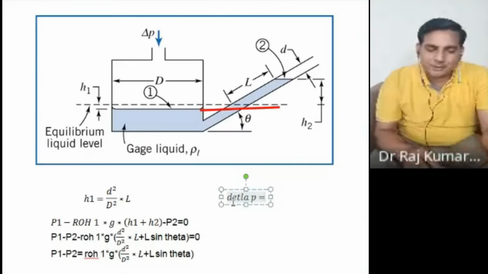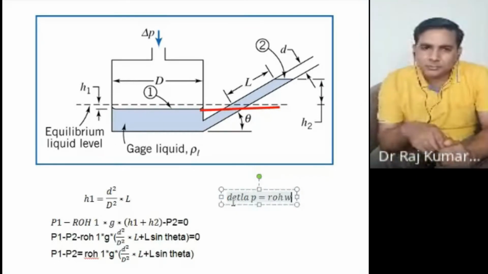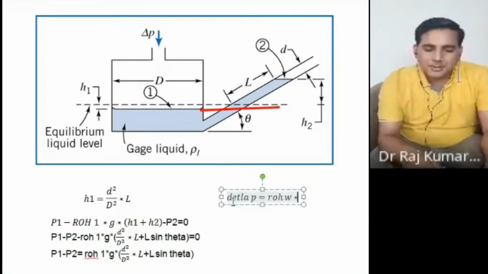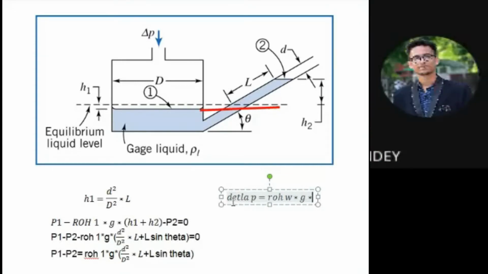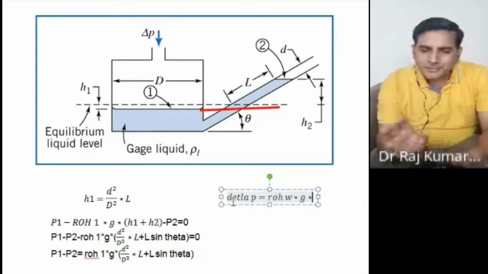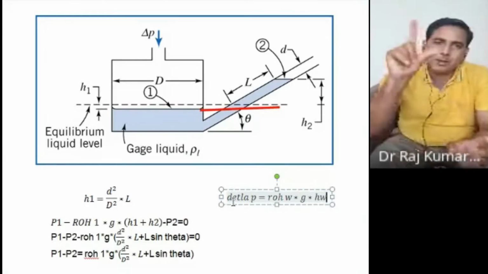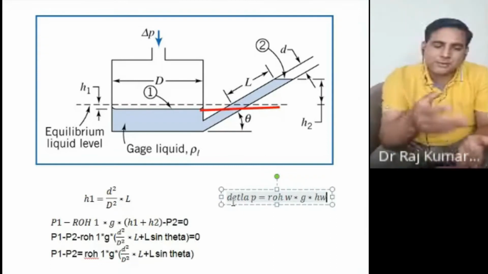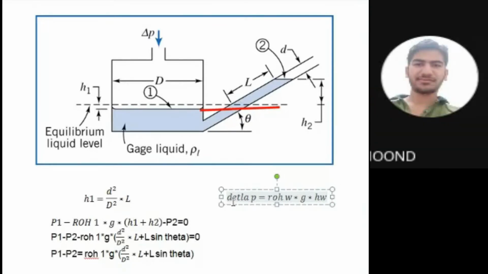So for water, what will we write? Rho of water multiplied by g multiplied by the height of the water column, which we don't know, because the water is not there in this particular cylinder, right? Yes or no?